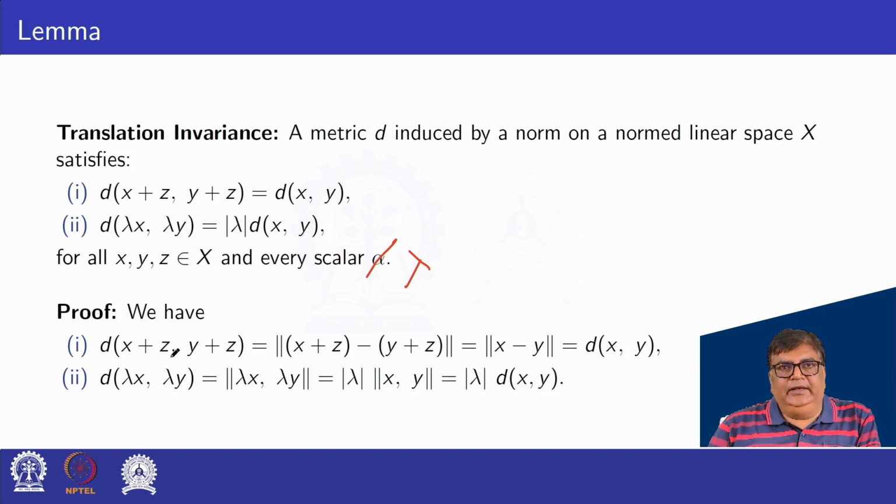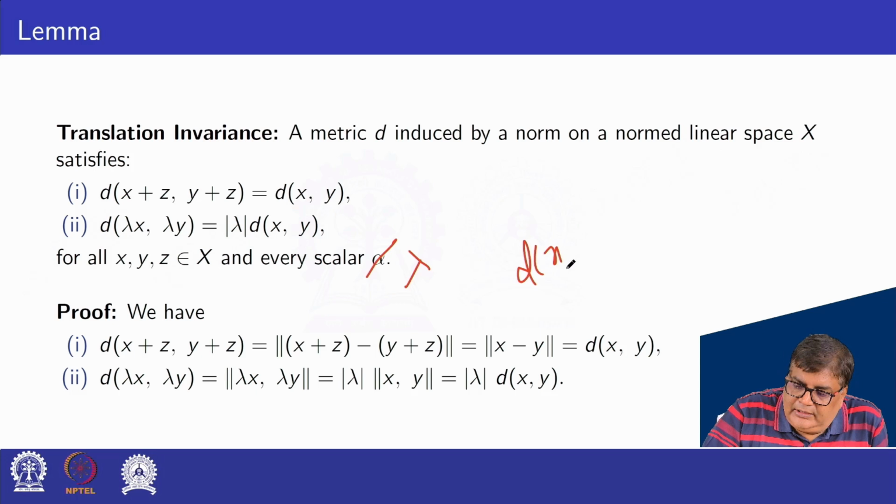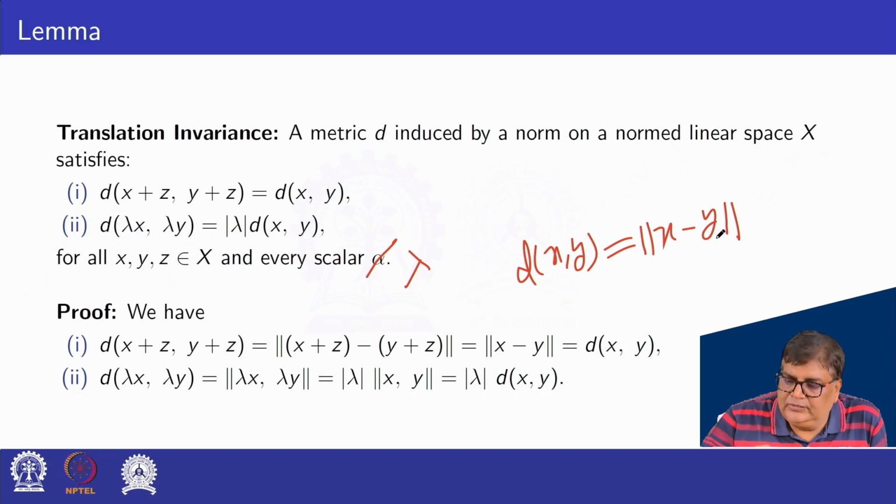Proof: d(x plus z, y plus z) equal to norm x plus z minus y plus z, because d(x, y) equal to norm x minus y. So z cancelled out, we have norm x minus y, that is d(x, y).